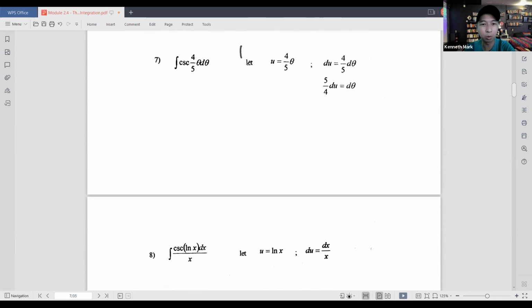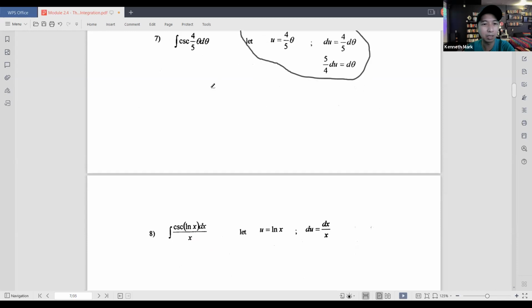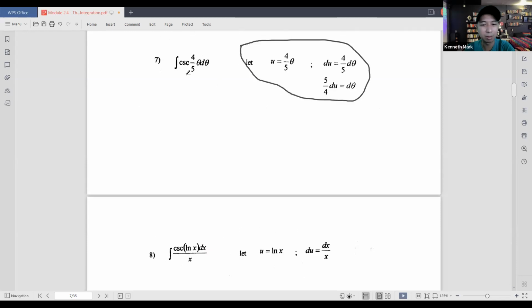Ito meron dito substitution. Pero pwede naman walang substitution to. Di ba? Using trigonometric functions. So tingnan natin sa trigonometric functions. So we can just apply the properties, no?